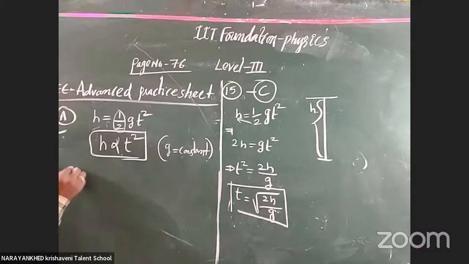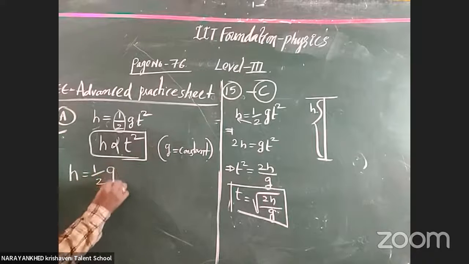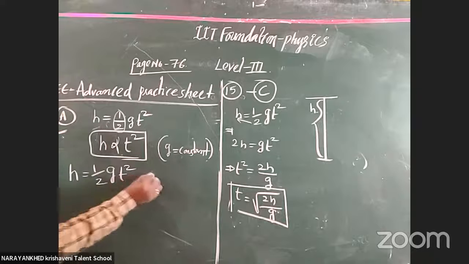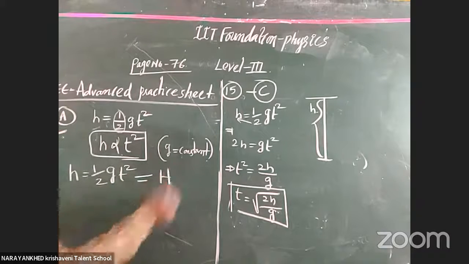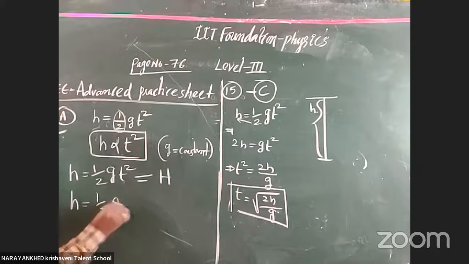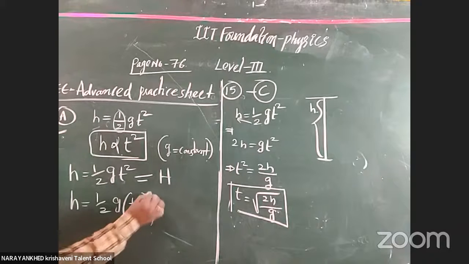One second. The problem is taken as h is equal to half g t square. Actually the formula is given, and it will be taken as capital H. In case it is after t by 2 seconds, in the place of t you have to substitute t by 2. Now there it will be whole square.